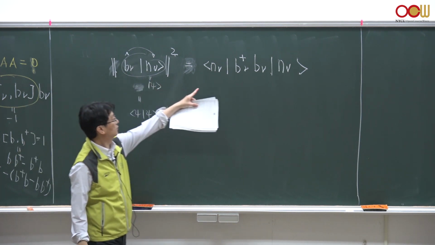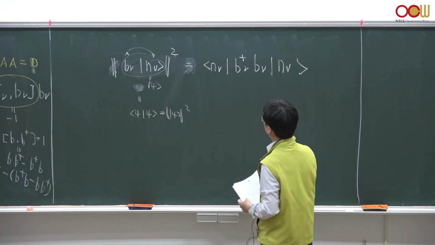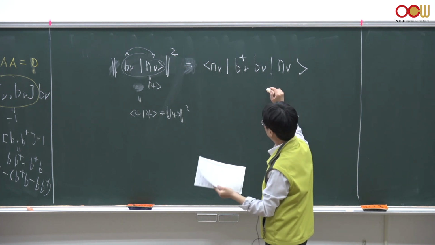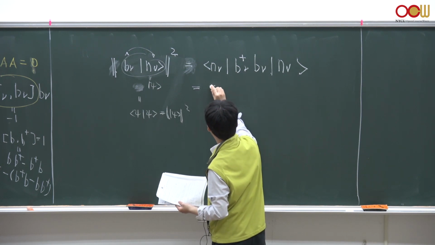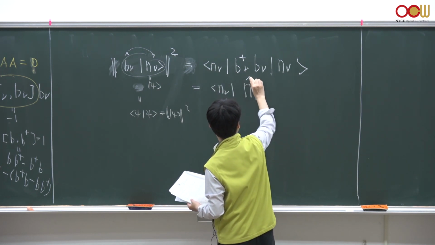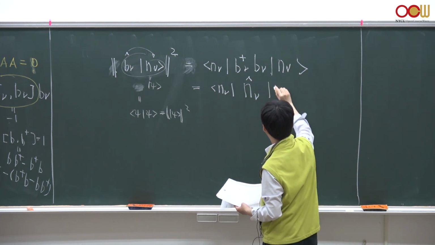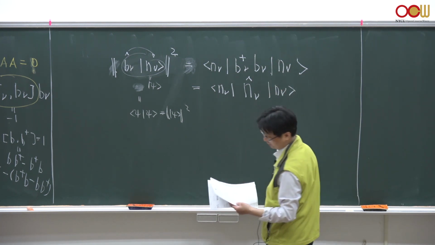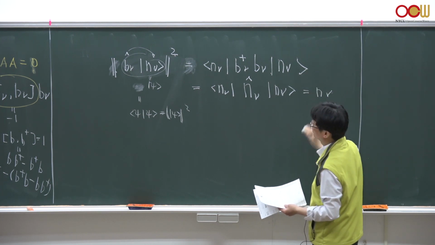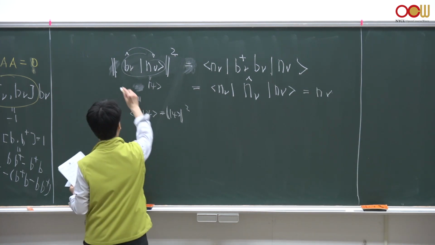Okay, and therefore I could just rewrite this in terms of this matrix element. But we know what this is on the right-hand side. This is nothing but the N nu operator acting on this N nu, with N nu on the left and right. So this is nothing but N nu. But what is this on the left-hand side?